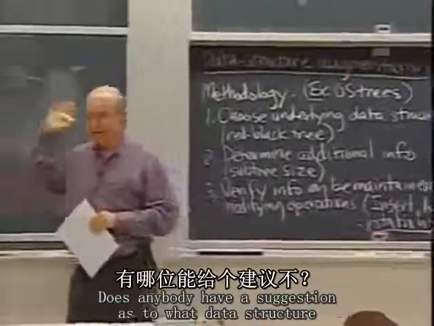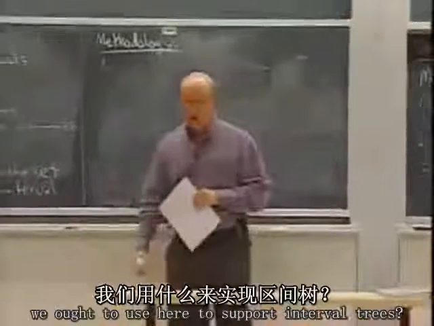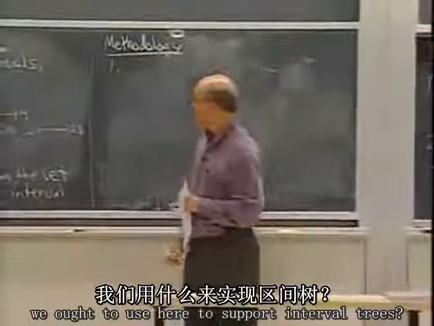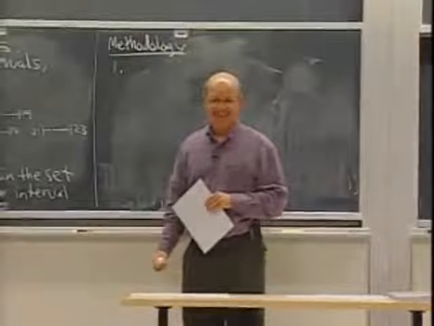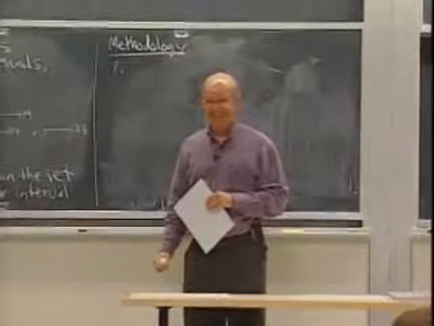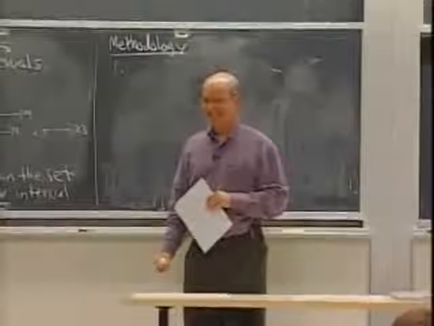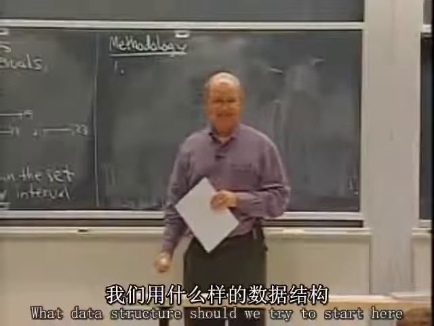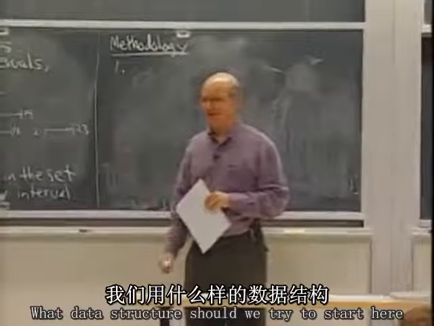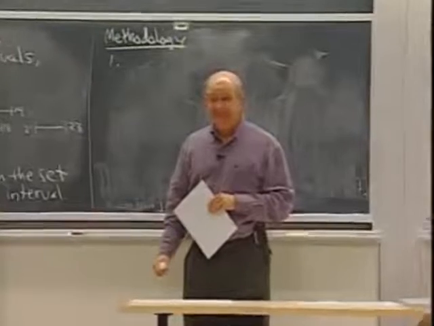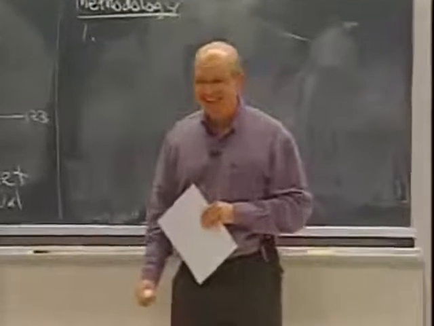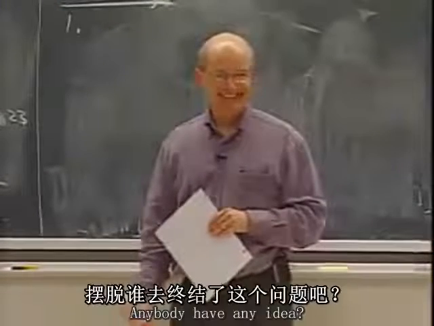So anybody have a suggestion as to what data structure we ought to use here to support interval trees? What data structure should we try to start with here to support interval trees? Interval trees. Anybody have any idea?